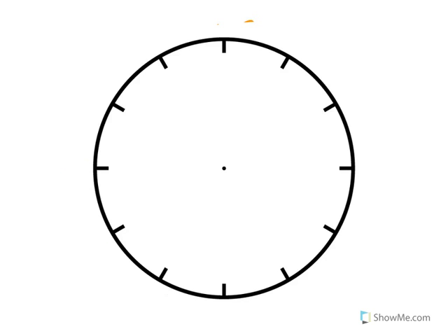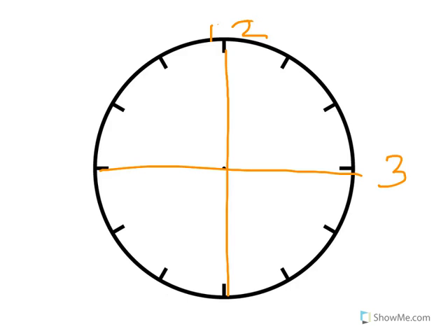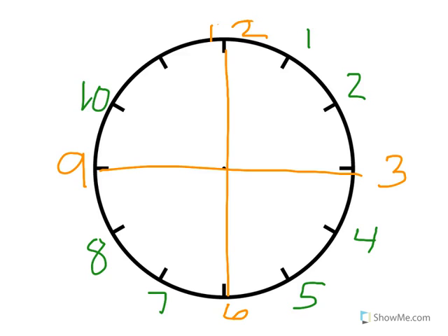So, if I know that my anchor points make it like a cross in the center, then I know 12 would go here, 3 would go here, 6 would go here, and 9 would go here. And after I do that, well, it's pretty simple to fill in the rest. That's kind of a wonky 10, but there we go. Just like that. So that's how you would fill in the numbers on a clock.